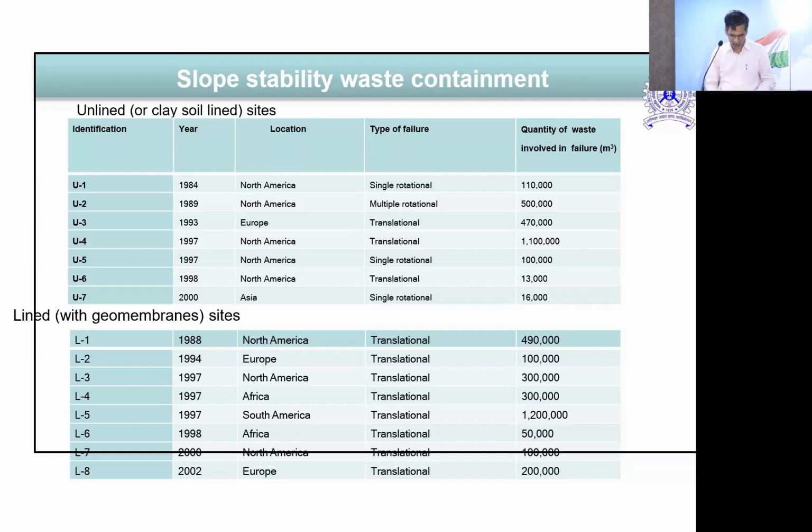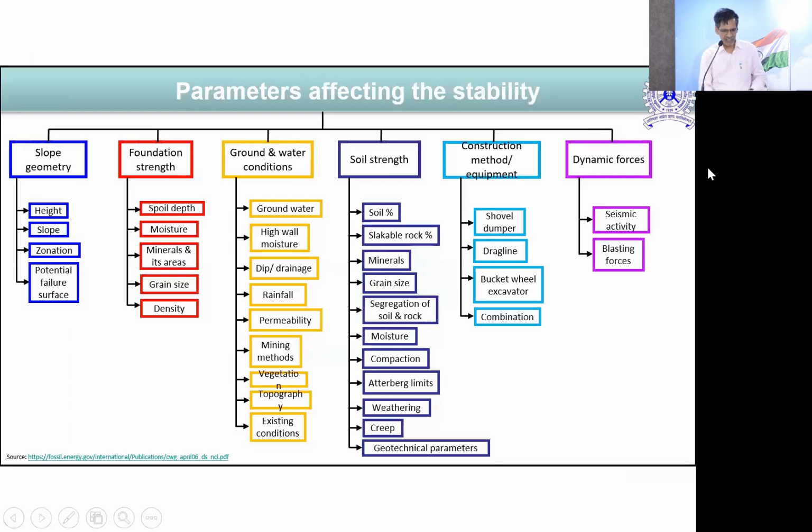In general, it will go for a slope stability analysis. So many factors affect it. Yesterday we were talking about seismic activity, that is dynamic force. In coal mine cases, blasting also comes into effect, or in any mining area, such as limestone, that also sometimes became an issue.